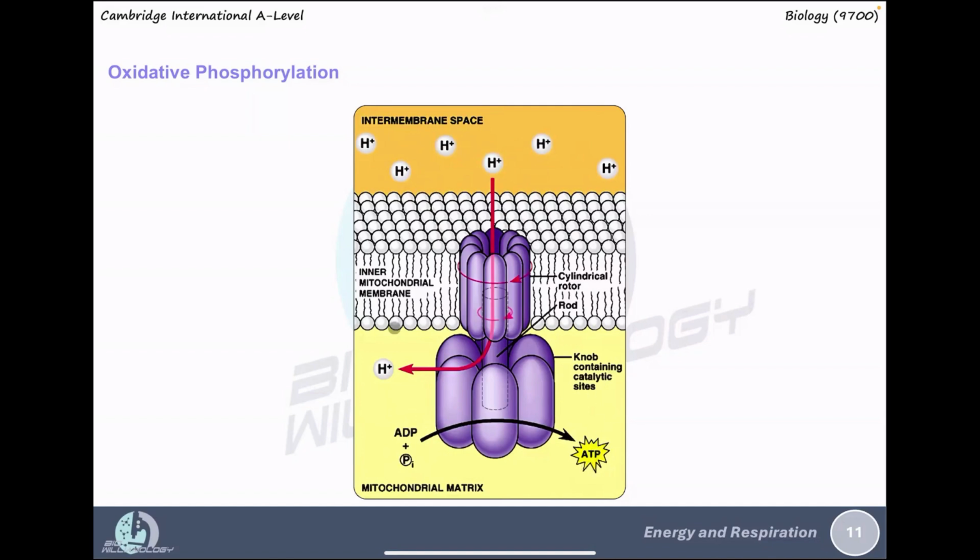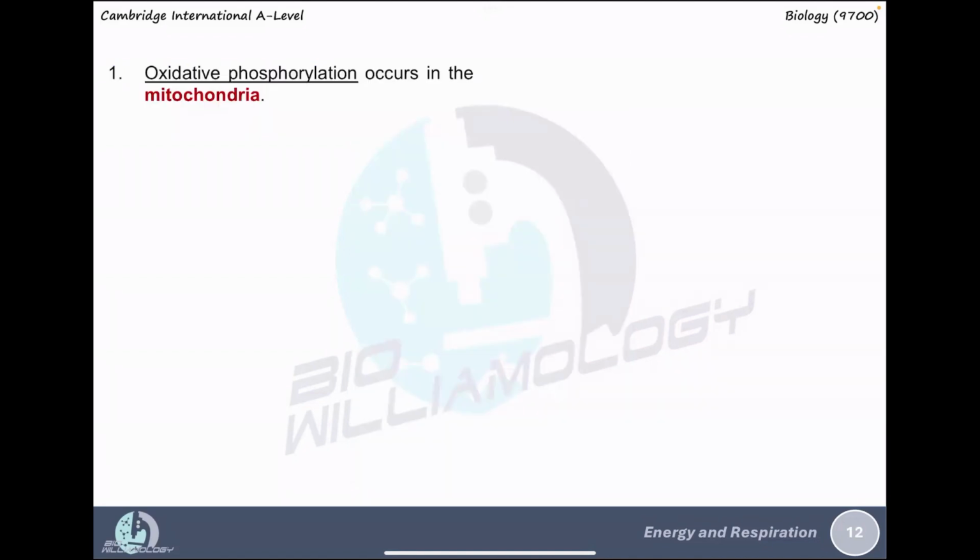The entire process here is known as chemiosmosis. A similar process occurs in the chloroplast, which we are going to explore in the future chapter on photosynthesis. Oxidative phosphorylation occurs in the mitochondria only, during aerobic respiration.